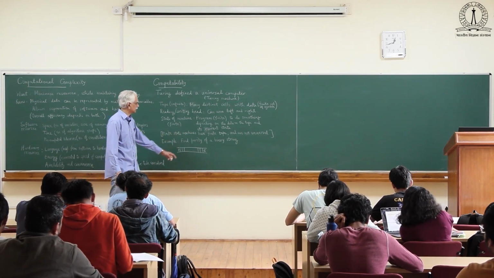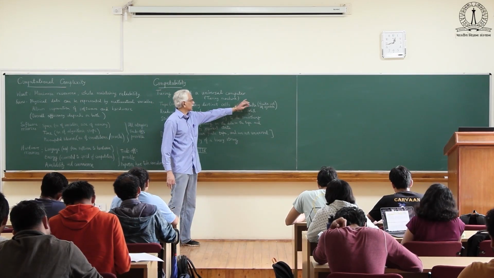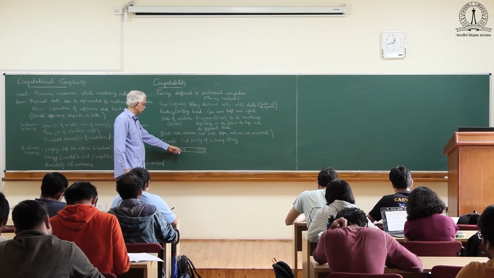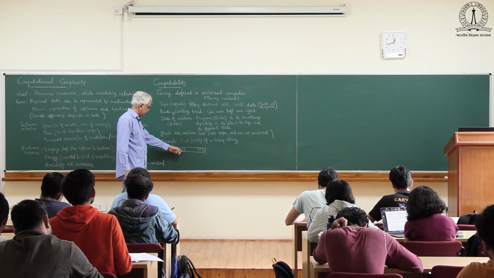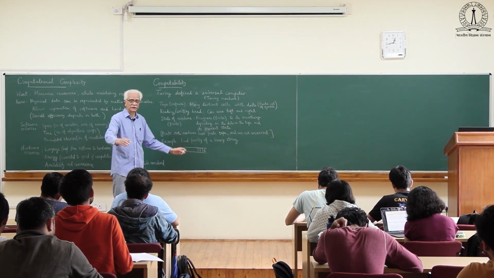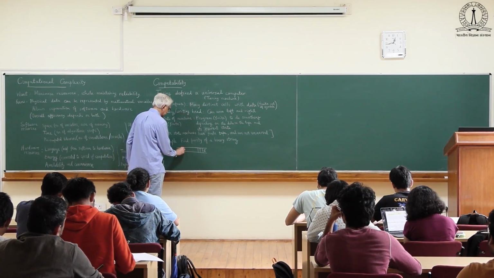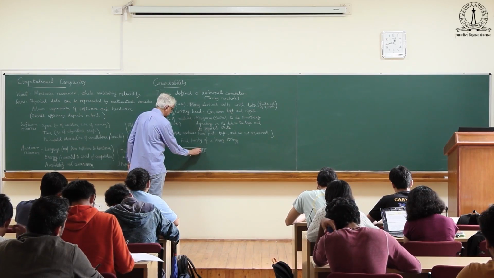I am using the symbol E, which is allowed as some representation of the data. It just means that the string starts here and ends over there, and in between there are some zeros and ones and all kinds of things.